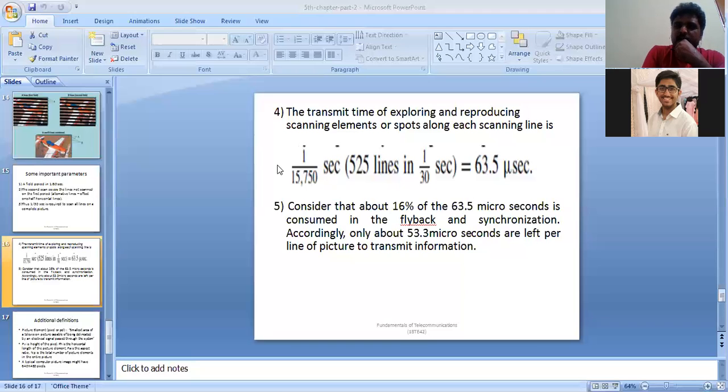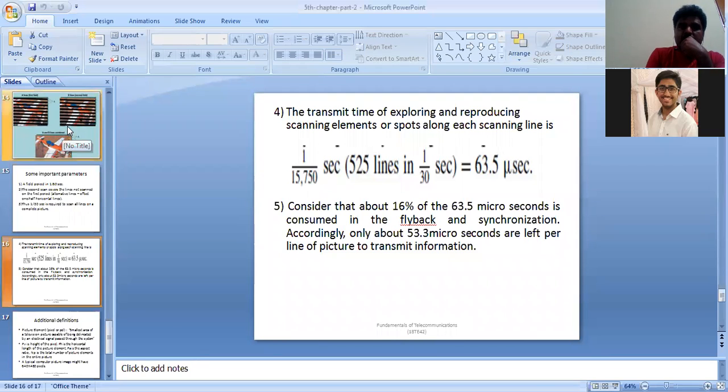A very minute fraction of a second is all that you require for sending one horizontal line. After the class you just calculate. I had calculated; it comes out to be very minute: 63.5 microseconds. That much time is sufficient to transmit one horizontal line.